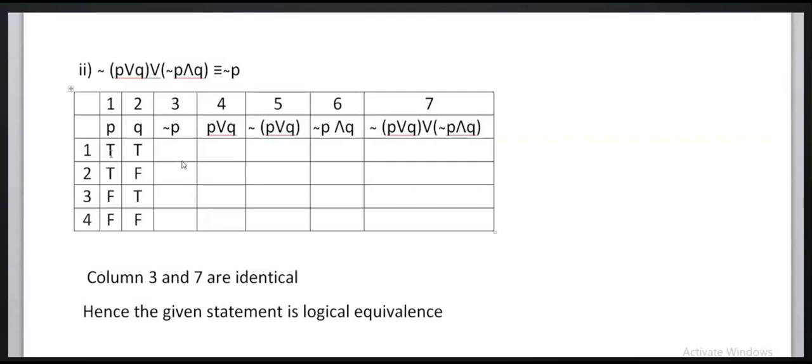Negation of P is F, F, T, T. P or Q is T, T, T, F. Their negation is F, F, F, and T. Negation of P and Q: T and F is F. F and F is F. T and T is T. F and T is T. Next is their OR. In between, the OR is F.